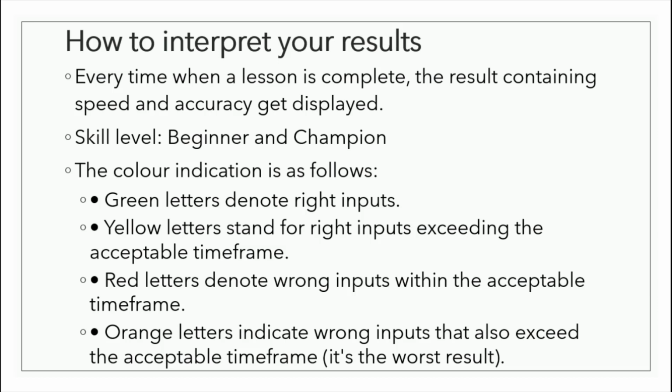Red letters denote you have made wrong inputs within the time limit. And the orange color indicates you have made many mistakes and exceeded the time. Orange is the worst result, but don't worry, with some practice you will become a champion and the result will be green.